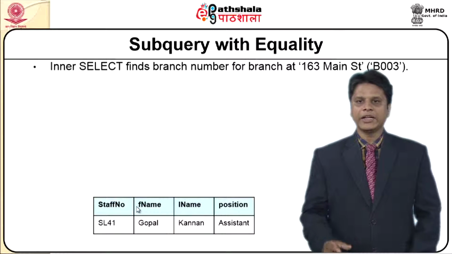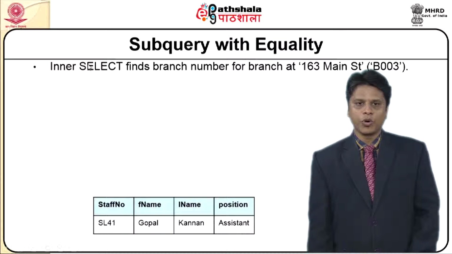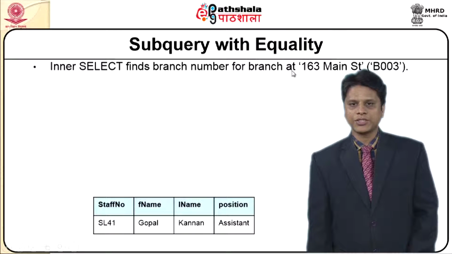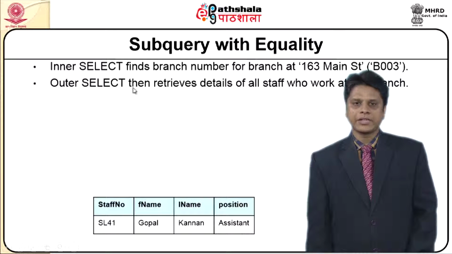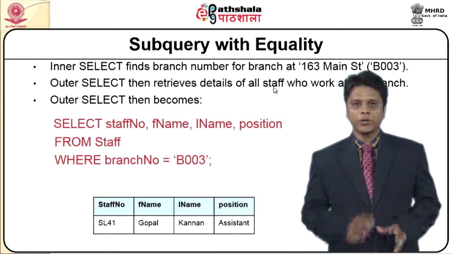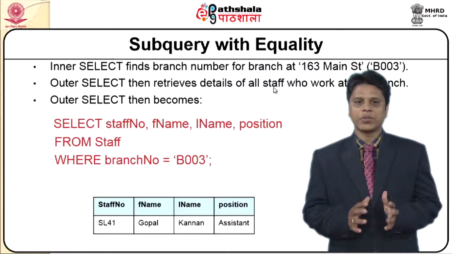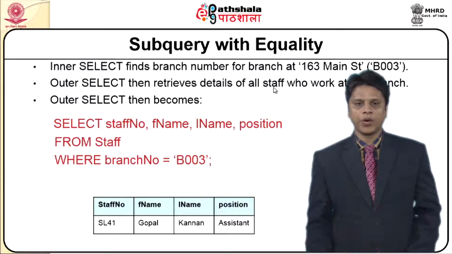Subquery with equality constraint extends still more. An inner select finds the branch number for the branch at this address. An outer select then retrieves details of all staff who work at this branch. So there are two different kinds of select, one is an inner select and the other is an outer select.